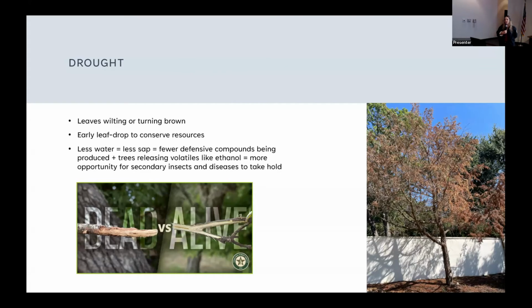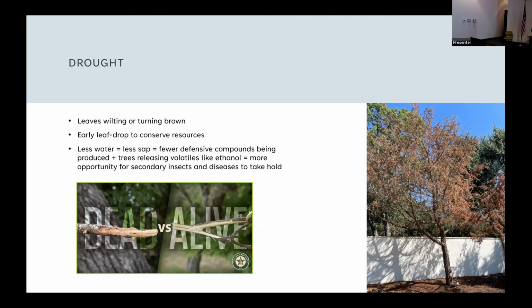All right. So, I keep talking about drought, so let's just talk about it for a sec. What we're seeing throughout this summer, and a little bit last year, is leaves wilting or turning brown already, and early leaf drop to conserve resources. So just because a tree has dropped its leaves doesn't necessarily mean it died, but that is a way for them to conserve energy. Trees transpire a ton of water.